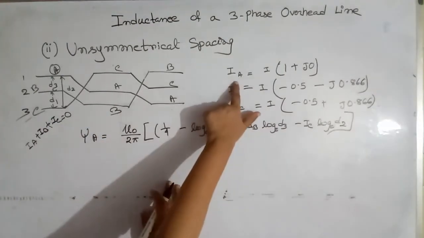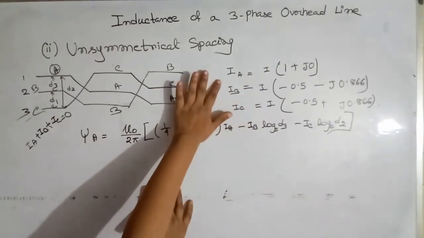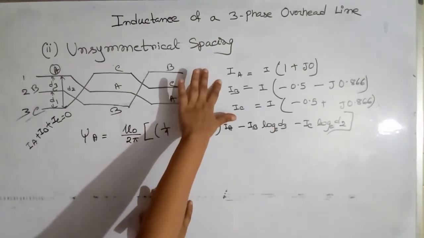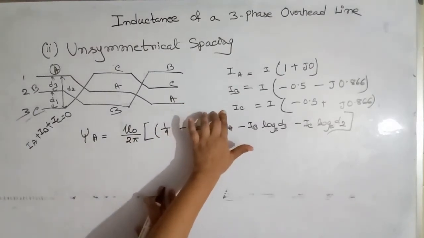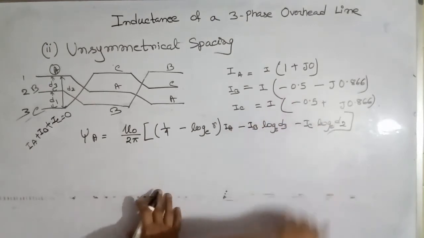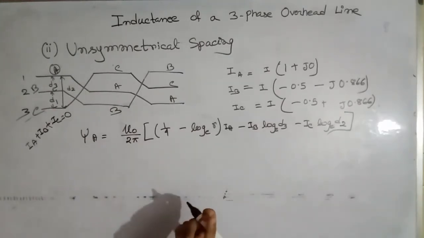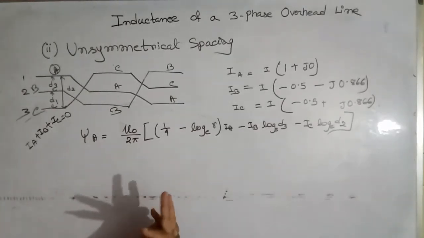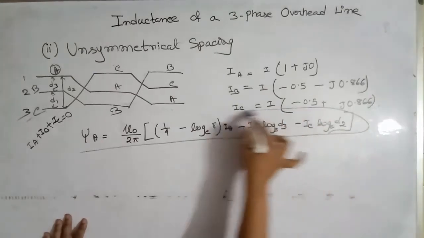And IA is our reference, so IA is equal to I plus j0, and there is a phase displacement between the three of 120 degrees. So IB is equal to I into minus 0.5 minus j 0.866 and IC is I into minus 0.5 plus j 0.866. They are 120 degrees displaced from each other. Now we have just derived this formula.